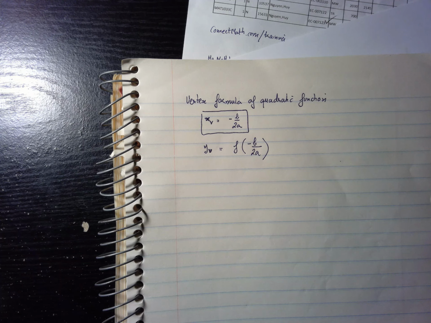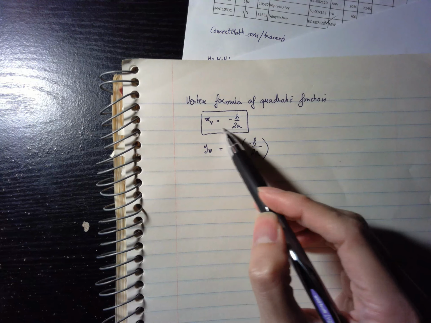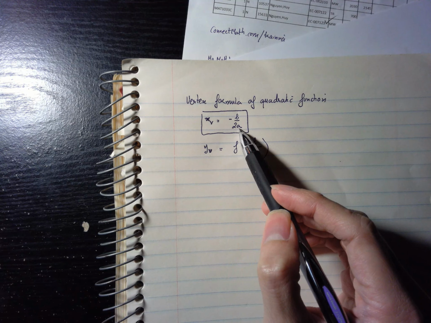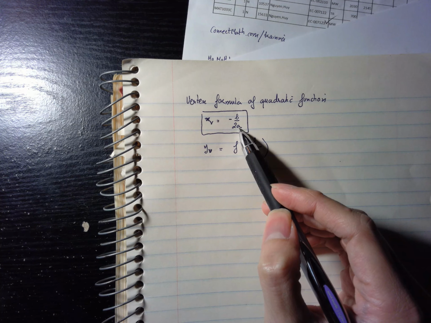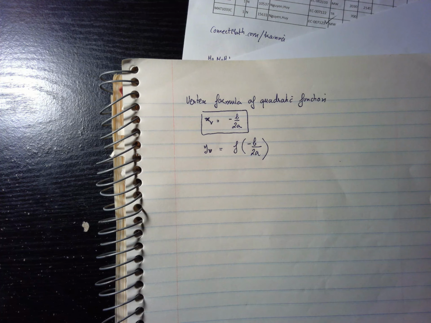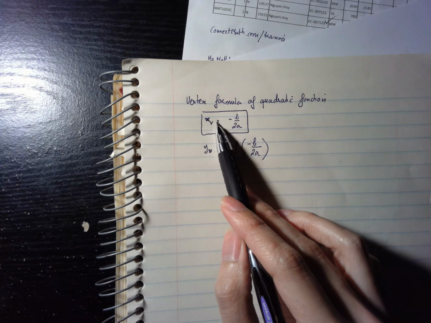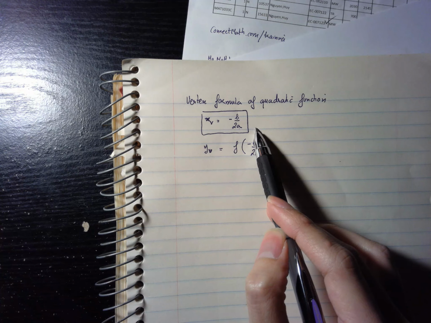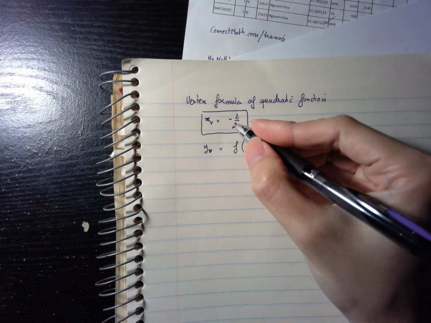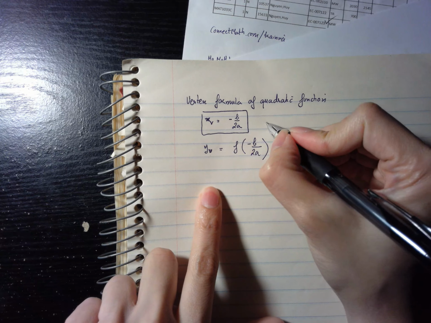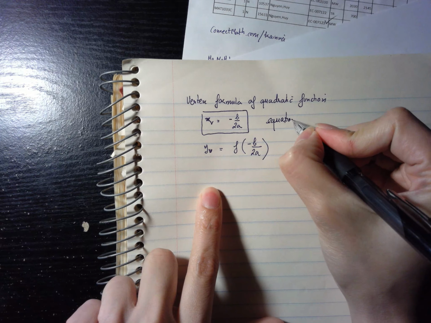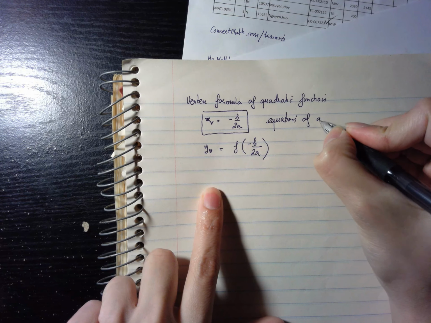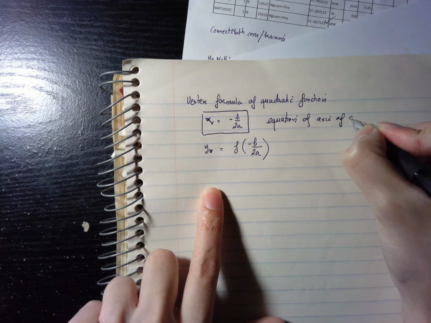Another thing I also want to mention: because this is the x component of the vertex, and you know the axis of symmetry goes through the vertex point, the axis of symmetry is also in the form of negative b over 2a, in the form of x_v. Okay, so this is also the equation of the axis of symmetry.